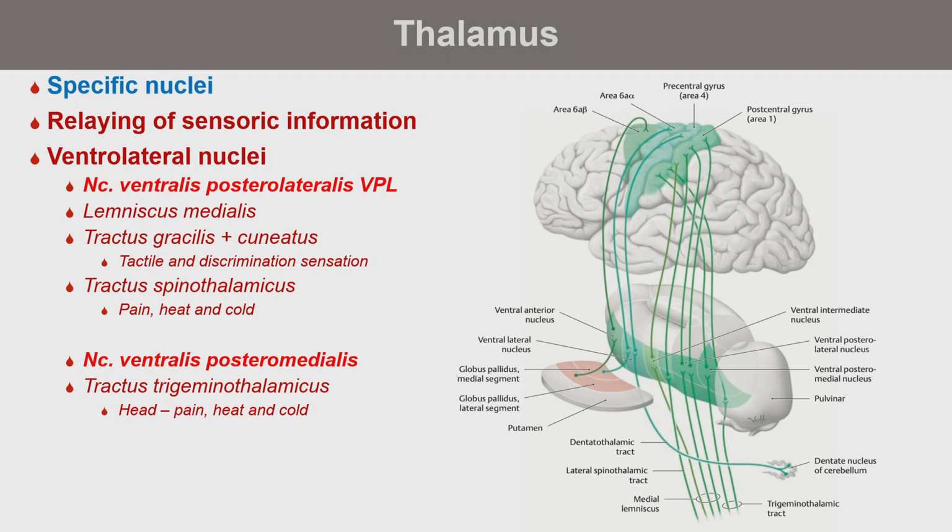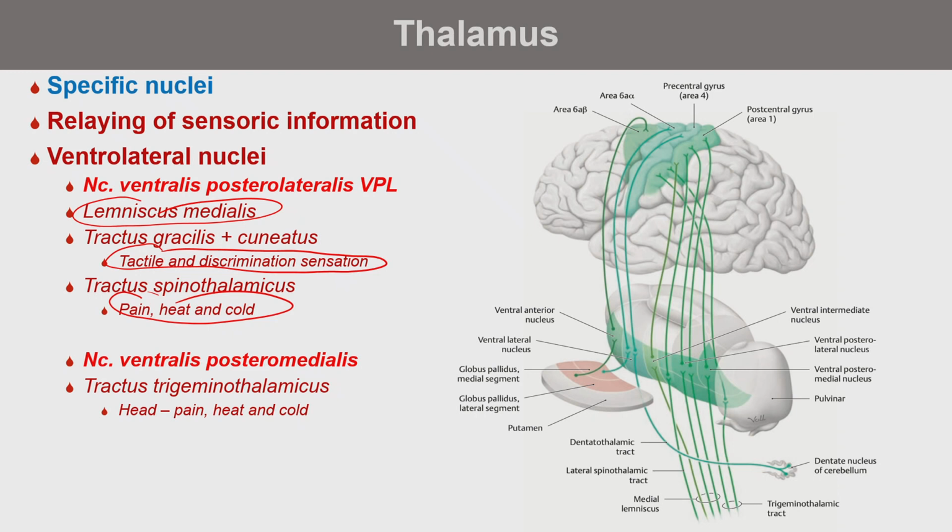They are a relay of sensory information. So the ventral posterolateral nucleus has information from the medial lemniscus, and from the medial lemniscus they obtain the information of tactile and discrimination sensation, and from the spinothalamic tract about pain, heat, and cold.